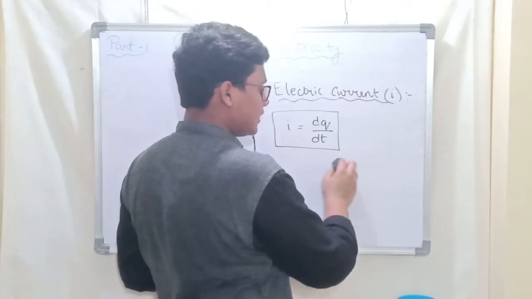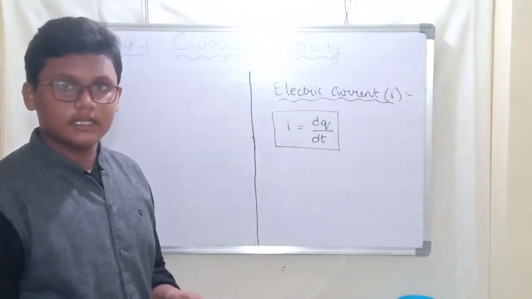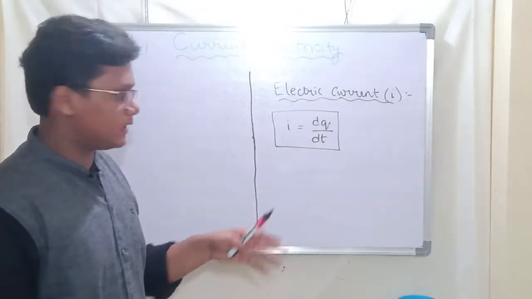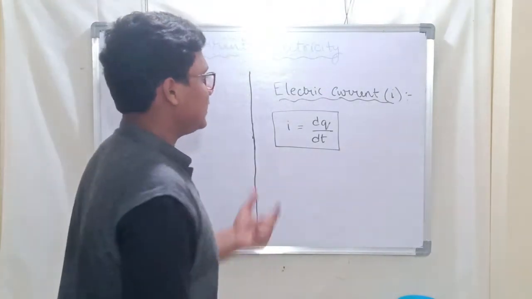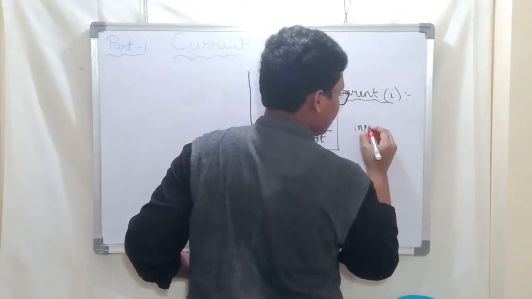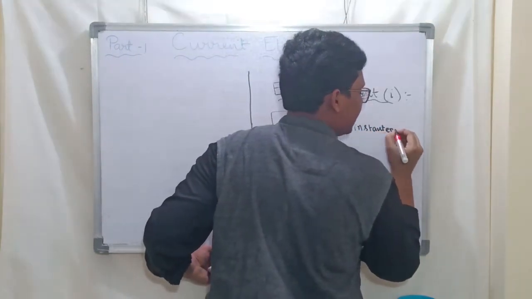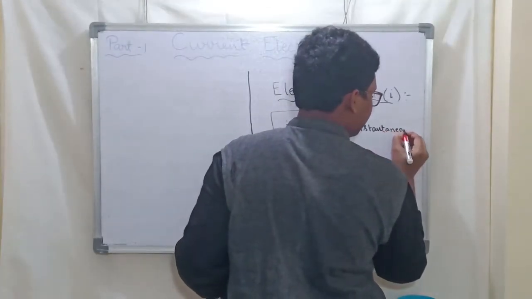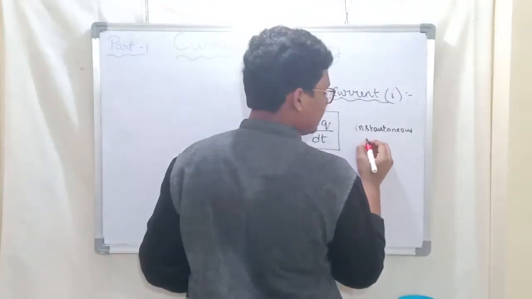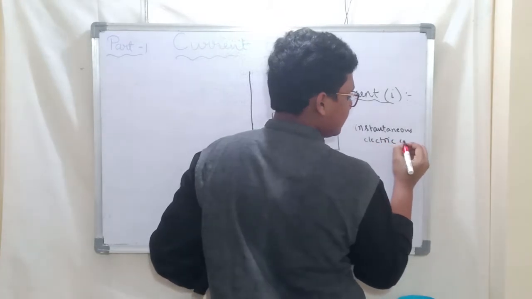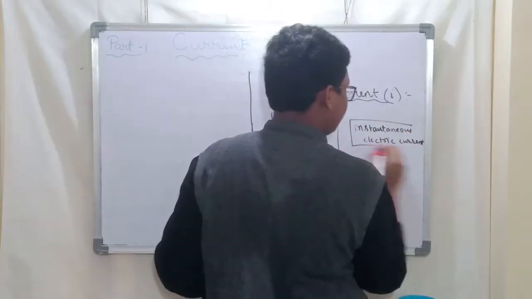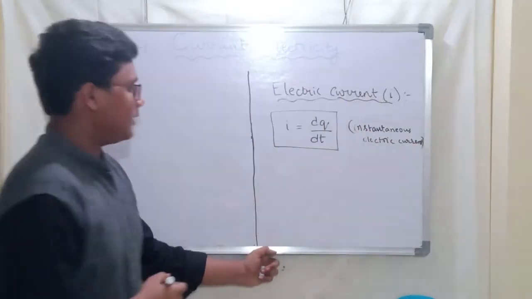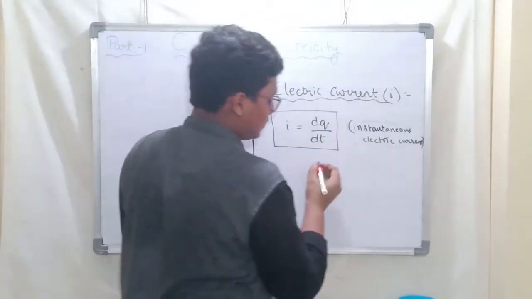At that time, when the charge is varying, how much it changes per that interval of time, that is instantaneous. This is instantaneous electric current.